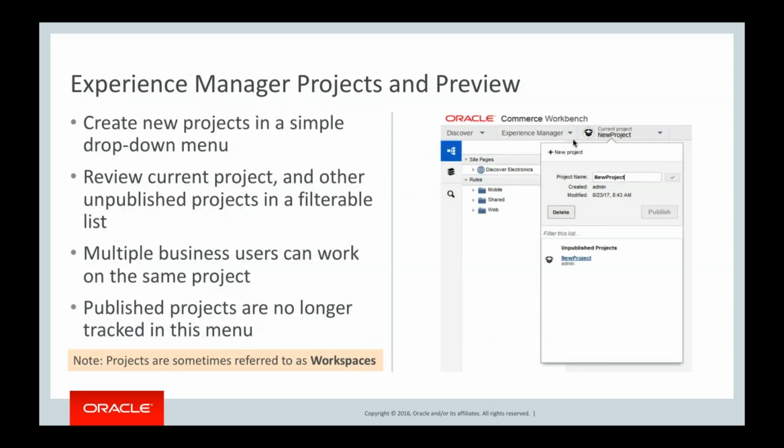The screenshot on the right-hand side gives you a pictorial view. You click on this drop-down, which allows you to create the project. Within this view, as you have multiple projects, you have the ability to see all the projects, and if you click on a project, you can see all the changes within that project.